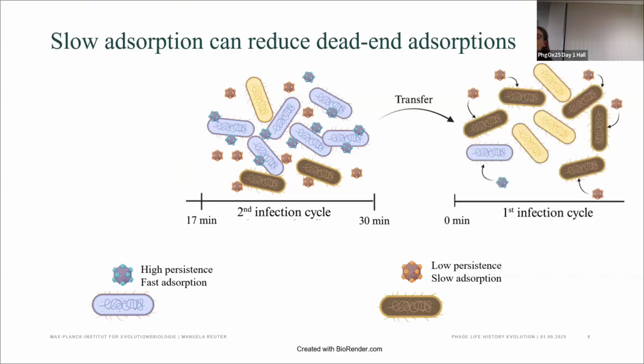So when we actually now transfer, those free phages that are propagated can initiate the next round of infection, whereas the fast adsorbers actually are lost, either to infections that are present in the second infection cycle of the first transfer, or because of an increase in MOI throughout the first infection period, they will be present as multiple adsorbers to one host cell. So there is a high rate of phage particles being lost to dead-end infections. As you can see, this is quite tied to a specific experimental condition, which is our 30-minute transfer experiment.